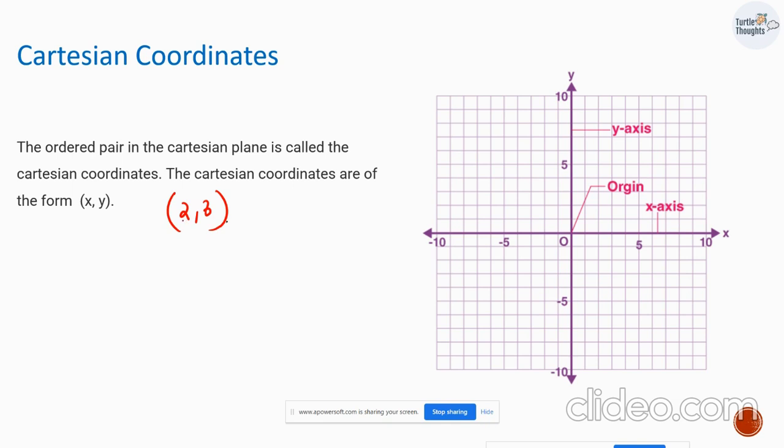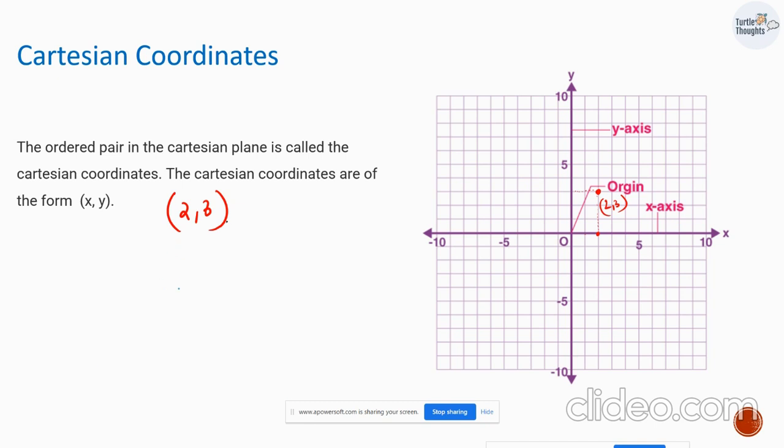It means it is 2 units from the origin on your x-axis, and on your y-axis it is at a distance of 3 from the origin. So if I draw perpendiculars like this, the point will be 2 comma 3, right?